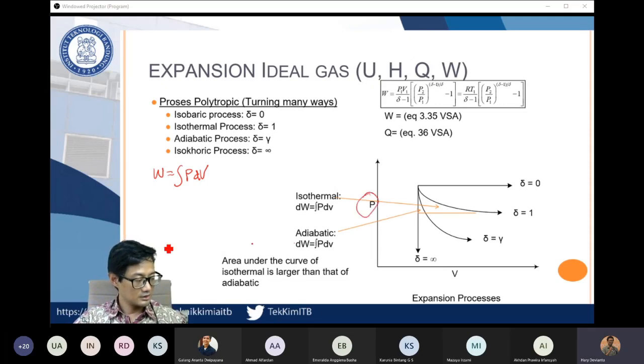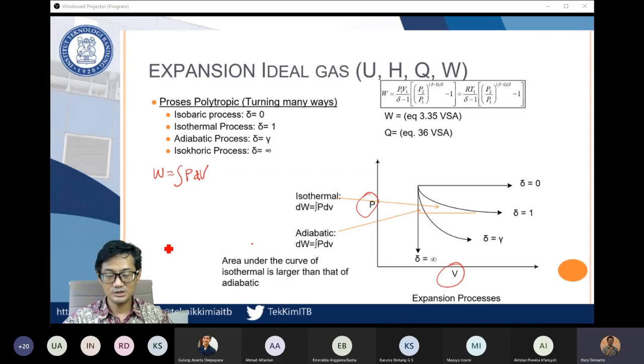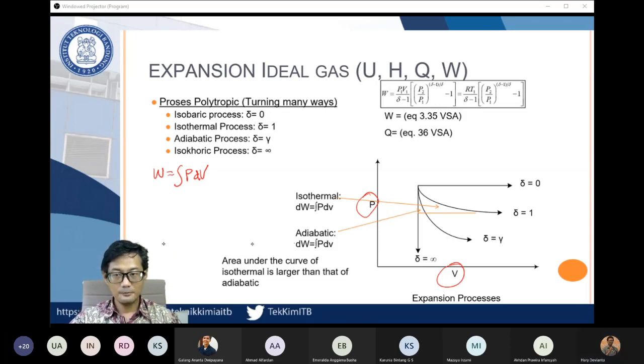And check this diagram. This is the PV diagram, pressure to volume diagram. So we can estimate the work based on the area under this curve. Let's check with the simplest one.